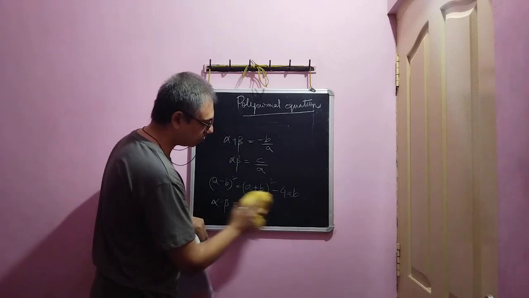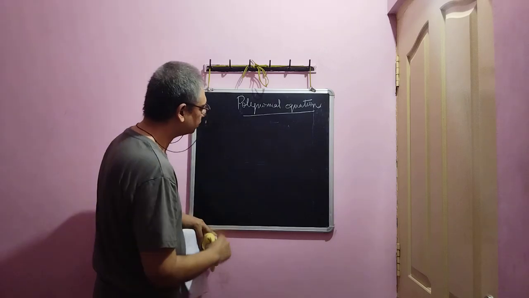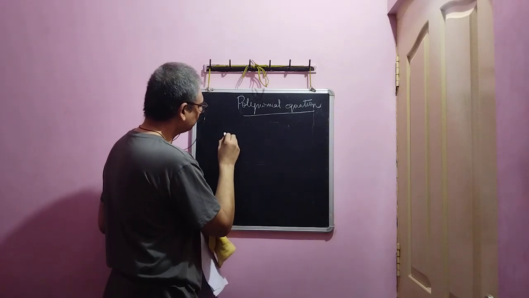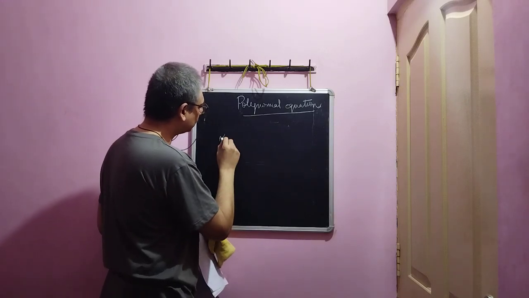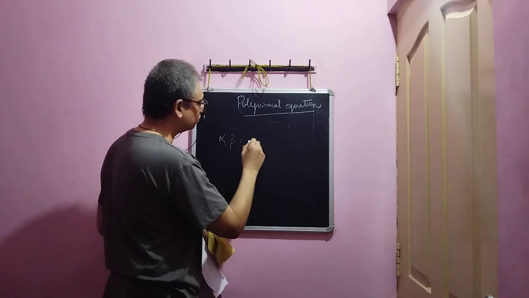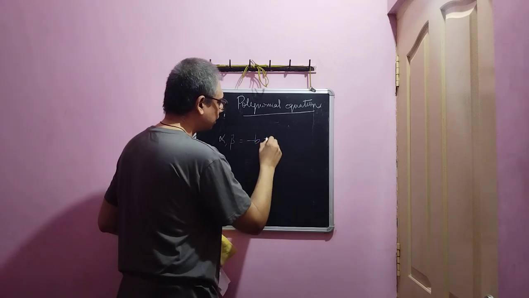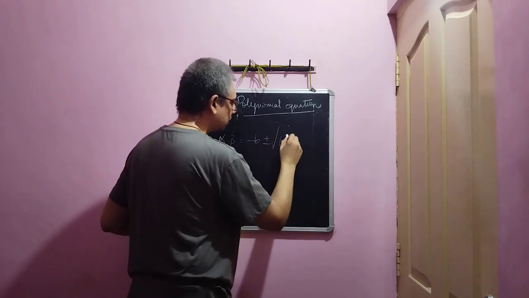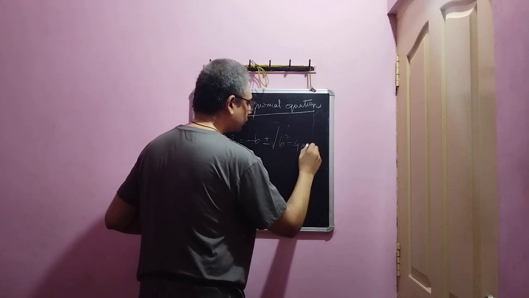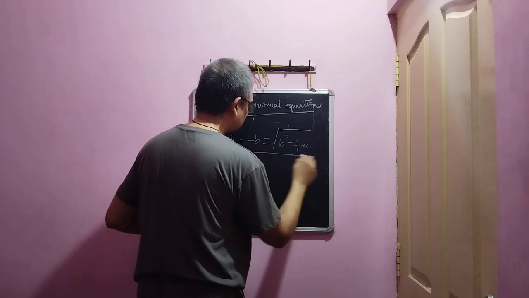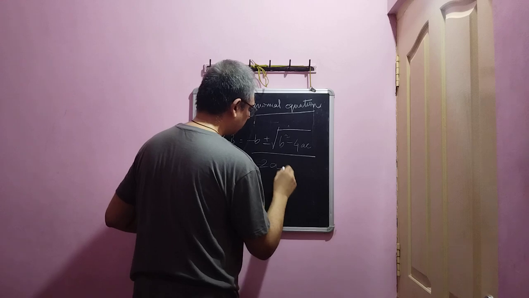Resolving it, we get the quadratic formula, which is: the roots alpha comma beta are equal to minus b plus or minus root of b square minus 4ac by 2a.